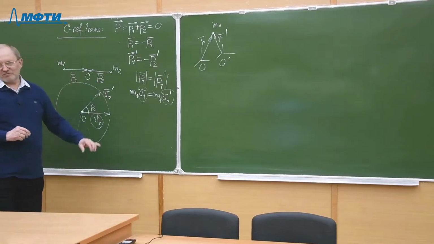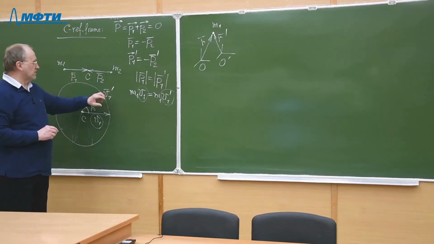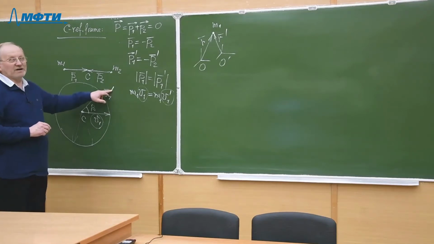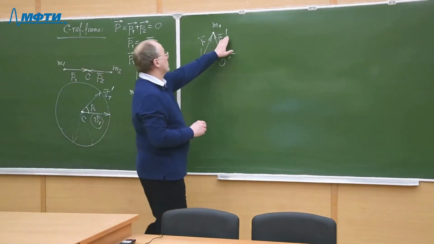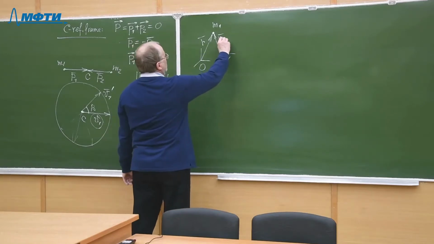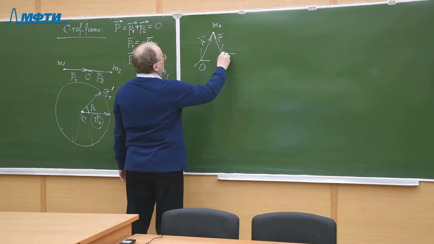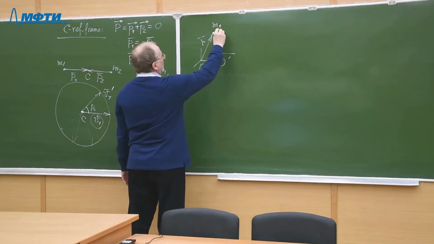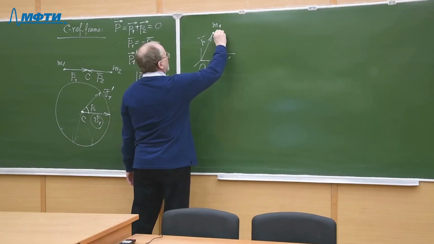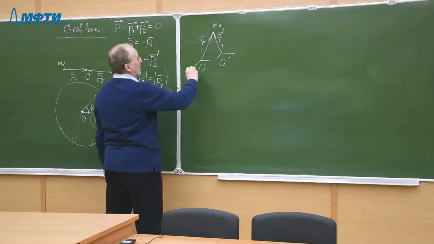I don't remember what my notation was during the last lecture, but now I denoted prime as the velocity after the collision. So this should not be a prime, but some other notation. Well, let it be a radius vector r tilde.